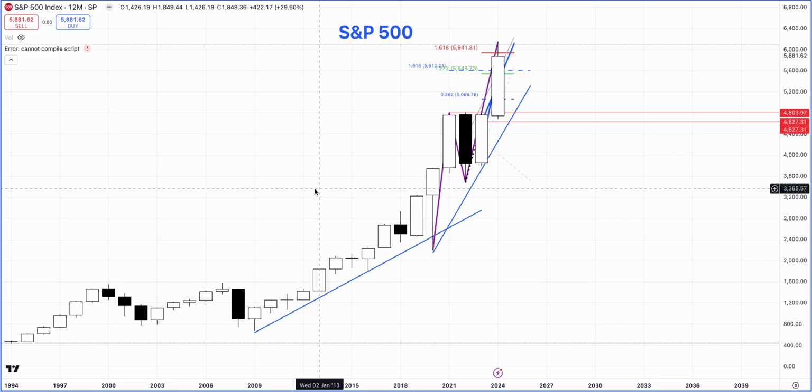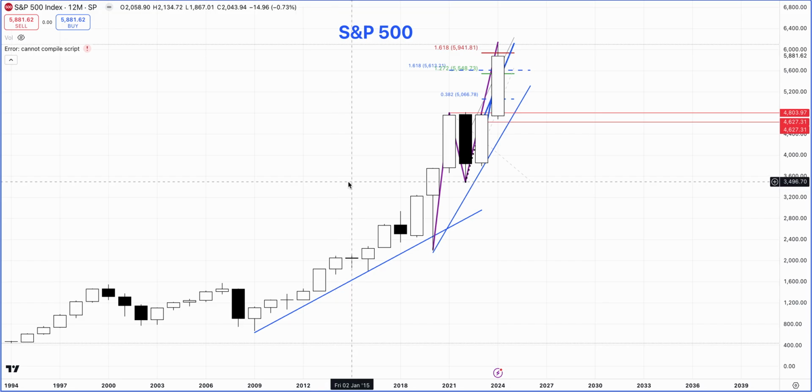That's really interesting. 2014 returned 11.39%. Then we had 2015 pretty much flat. We had 9.54% in 2016.